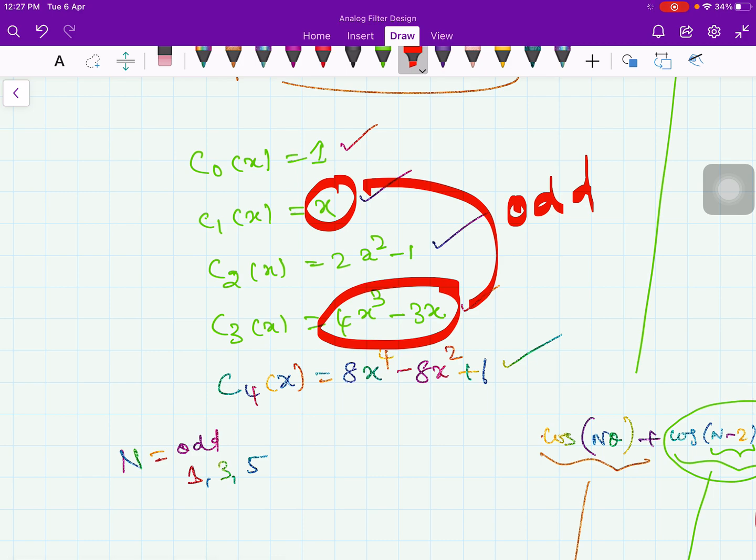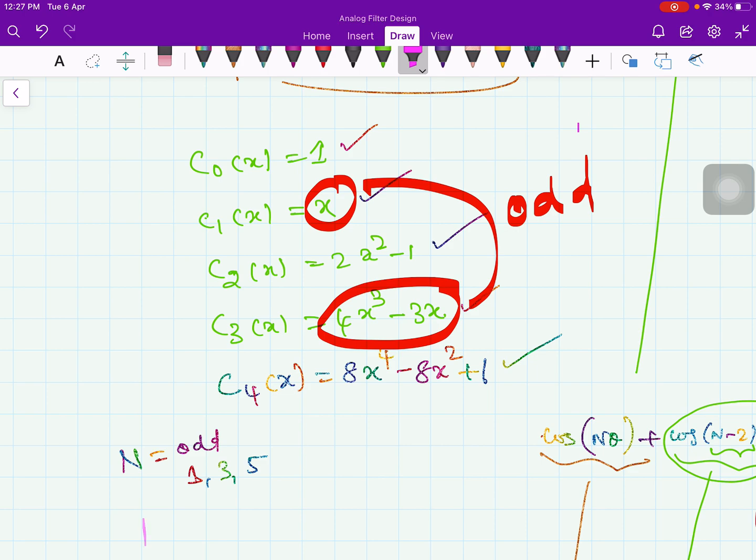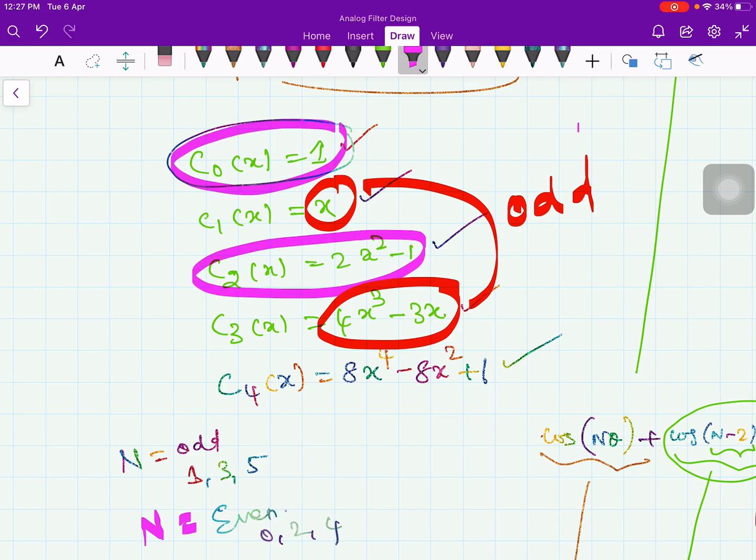On the other hand, if the order is even, like 0, 2, 4 and so on, then the polynomial is even. Look at this one, this one and this one.